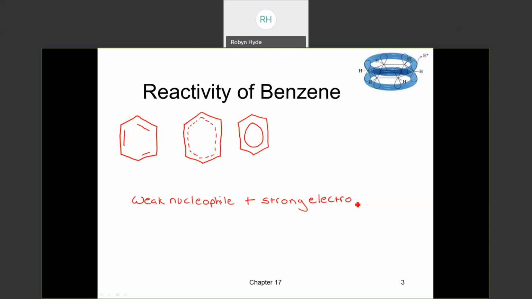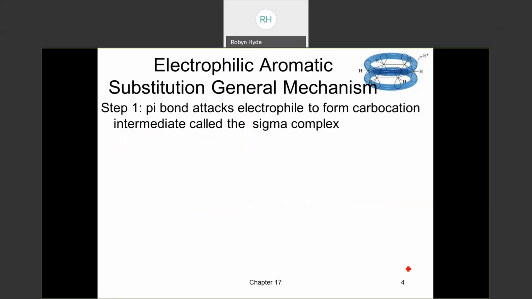That is incredibly important. We have to add a strong electrophile or there will be no product formation at all. Let's get started into the mechanism of what will happen when we have that strong electrophile.